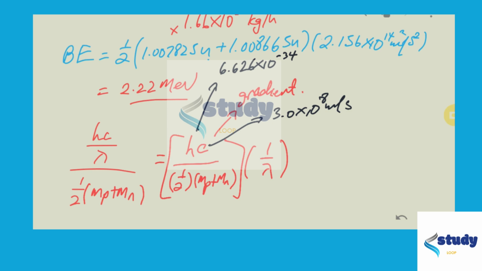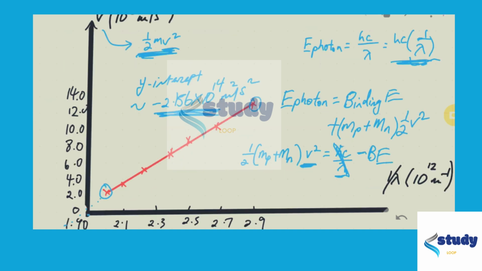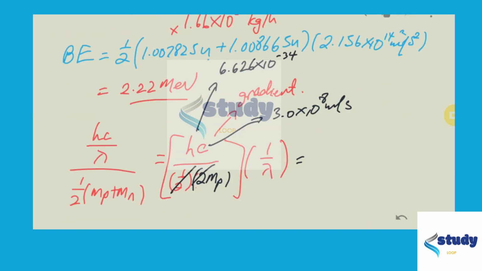We're going to assume the mass of the proton is very close to the mass of the neutron, so this is just 2 mp, 2 times the mass of the proton. And then the half and the 2 cancel out. Equate this to the gradient, which in our case is 120.93. Sorry, this is not part of the gradient. This is the gradient.